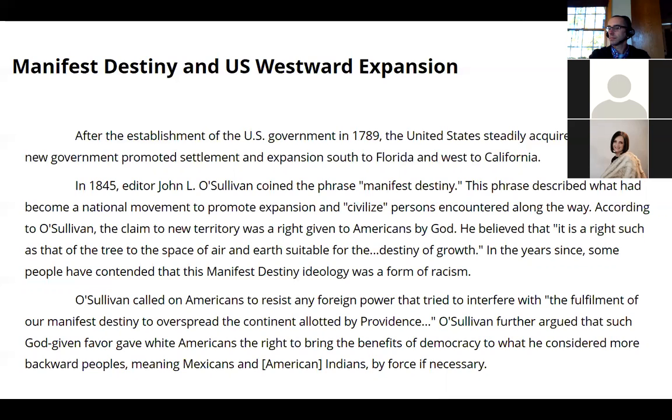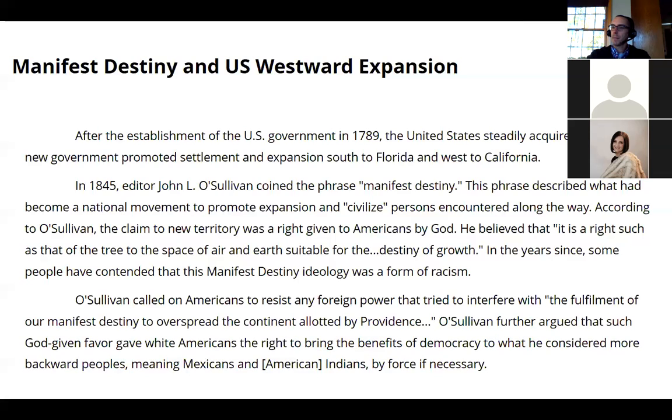According to O'Sullivan, the claim to new territory was a right given to Americans by God. He believed that it is a right such as that of the tree to the space of air and earth suitable for the destiny of growth. In the years since, some people have contended that this manifest destiny ideology was a form of racism.